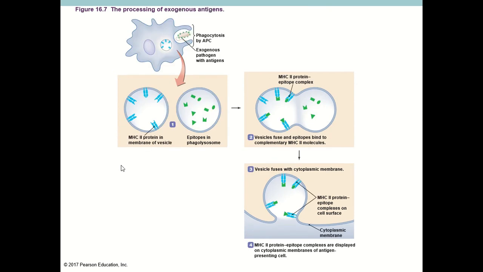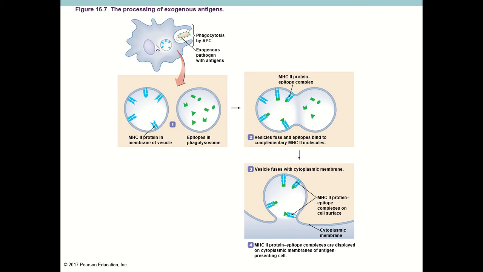Now exogenous processing is very similar, okay? Very, very similar to endogenous processing, but these antigens do not originate from the inside of the cell, they originate from the outside of the cell. So, what we're looking at here is a macrophage.